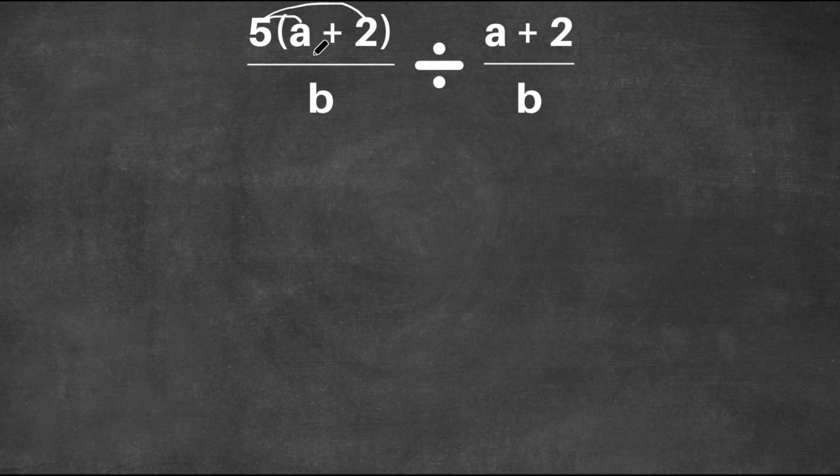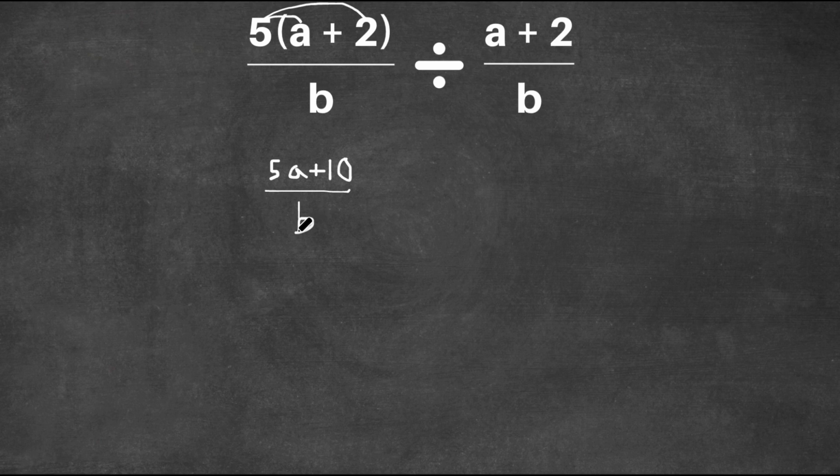So 5 times a is 5a plus 5 times 2 is 10. So this is our expression distributed, and we're going to put this over b.